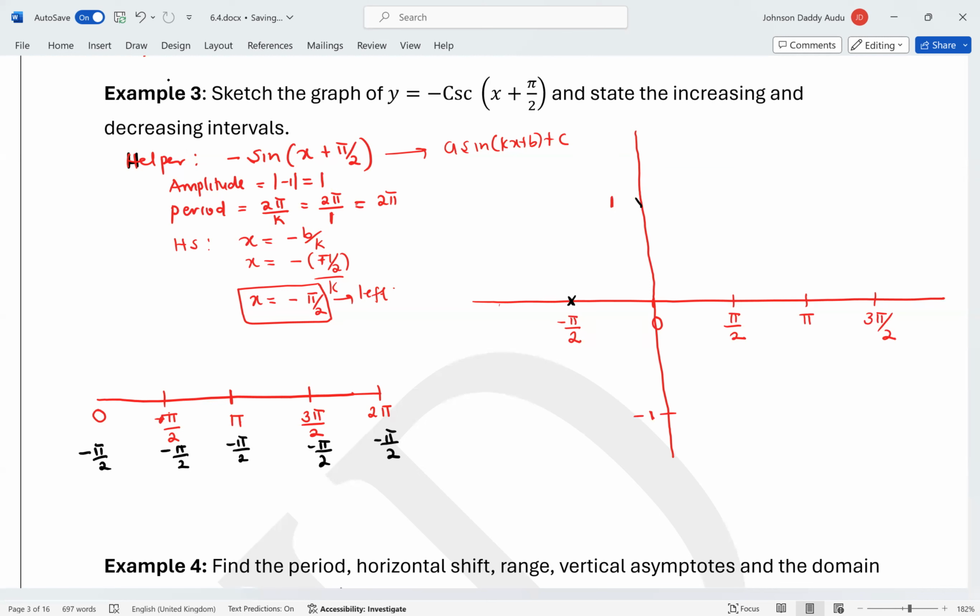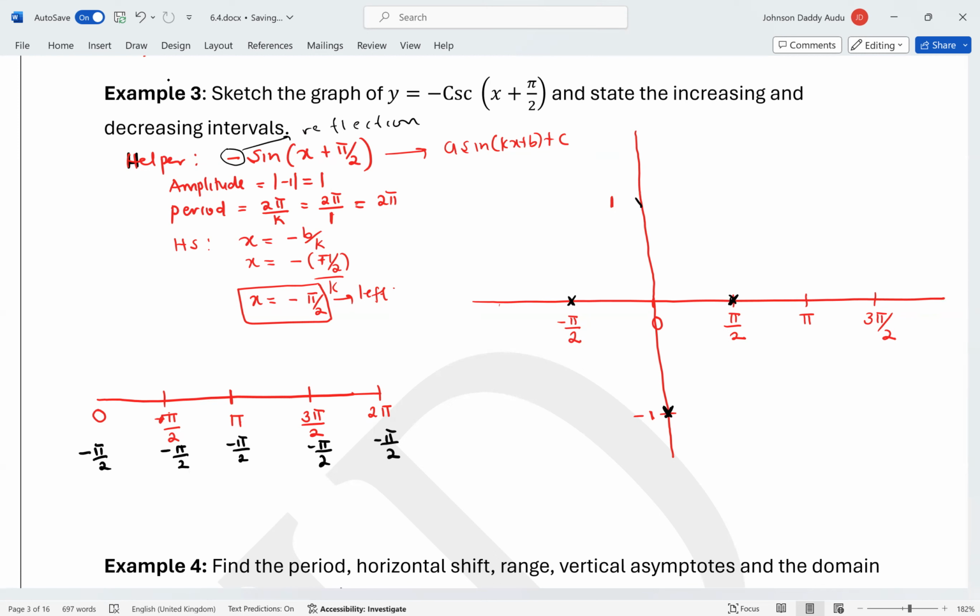Instead of going to the maximum, we go to the minimum because you have a minus here. This is a reflection, right? So because of this reflection, instead of going to the maximum, we will go to the minimum. So from the baseline, we will now go to the minimum. Then now we're back to the baseline.